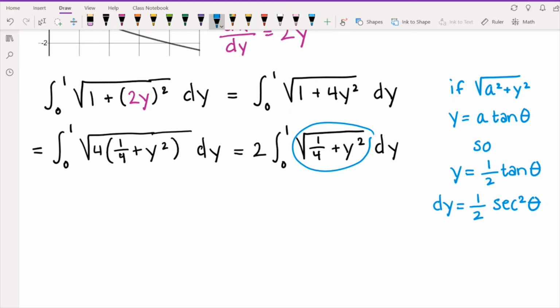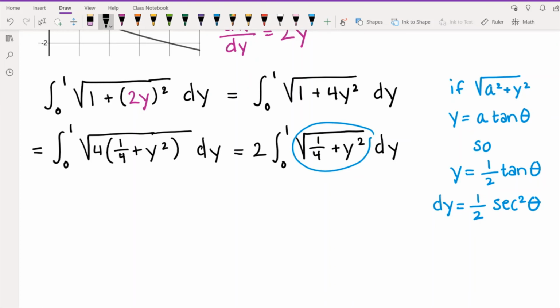Let's see if it makes sense in this case. I think in this case, it's probably going to be preferable to drop the bounds and then bring them back in at the end with the original variable. Basically, if you can easily figure out, looking at this, set 1 equal to 1/2 tangent of theta, and from there you can easily tell what theta is, then great. But in this case, I don't think the numbers work out so nicely. So let's just drop the bounds, and then at the very end, we'll bring back those bounds.